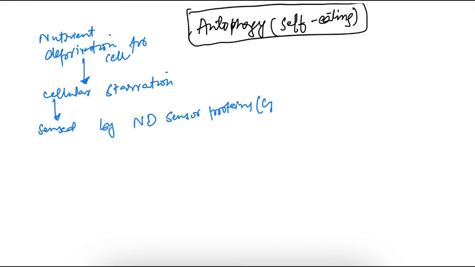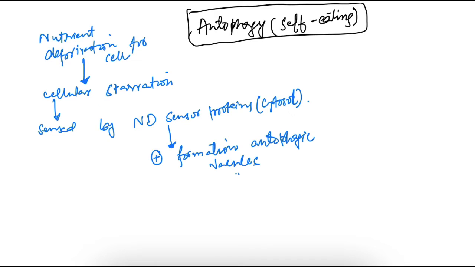The nutrient deprivation condition is sensed by this ND sensor protein, which in turn gets activated and activates the formation of an autophagic vacuole. This autophagic vacuole contains the cellular contents, like the cellular organelles, membrane components and cytosolic proteins.